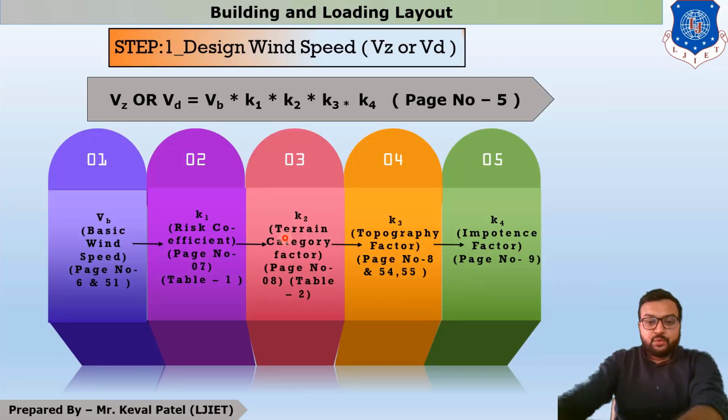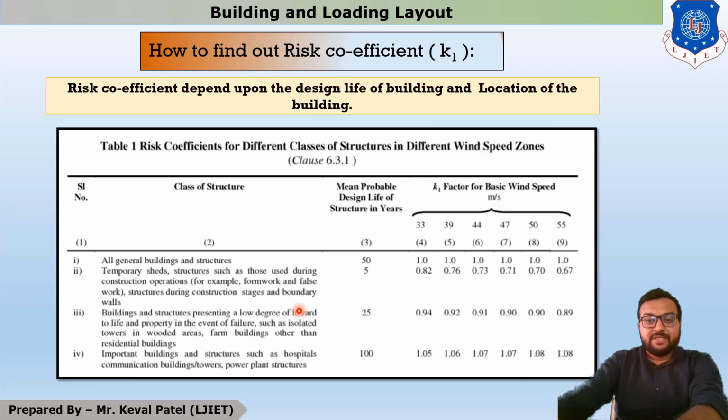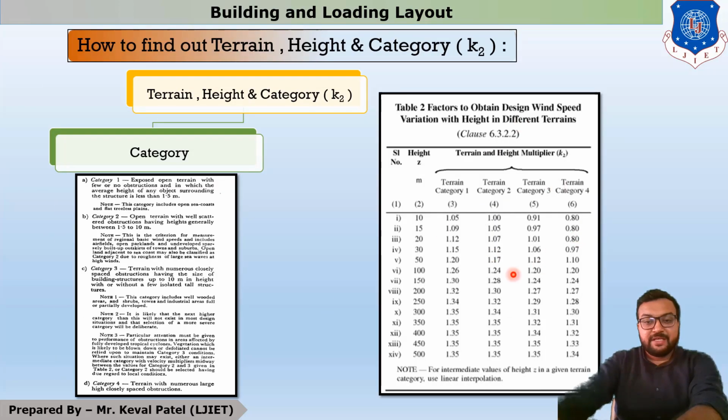Now our third unknown is K2. What is K2? K2 is the terrain height category factor, which is found on page number 8 in table number 2. Okay, so students, all of you move to page number 8, in which there is table number 2, and you can see that in table number 2 there are four categories: category 1, 2, 3 and 4.